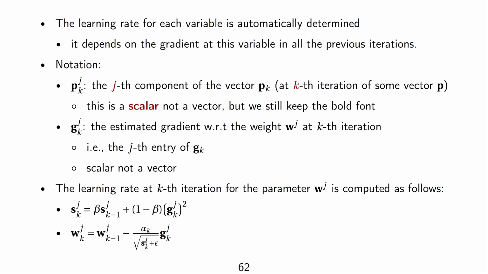Some parameter dimensions where the values are large in absolute value will be divided by larger numbers and they will be smaller. And some dimensions where the gradient always happens to be small in absolute value will become larger in comparison, because here we will divide by a smaller number.